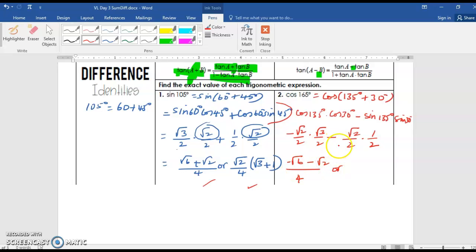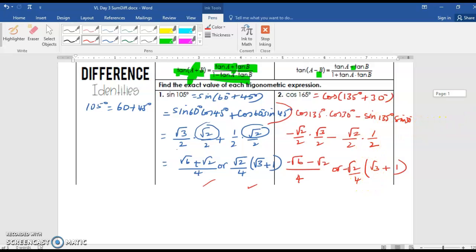Or you can write it as, see, here the common term is root 2 over 4. You can bring the negative outside and write it as negative root 2 over 4 times root 3 plus 1, because I'm factoring the negative out also. Okay, so that's how these problems go.